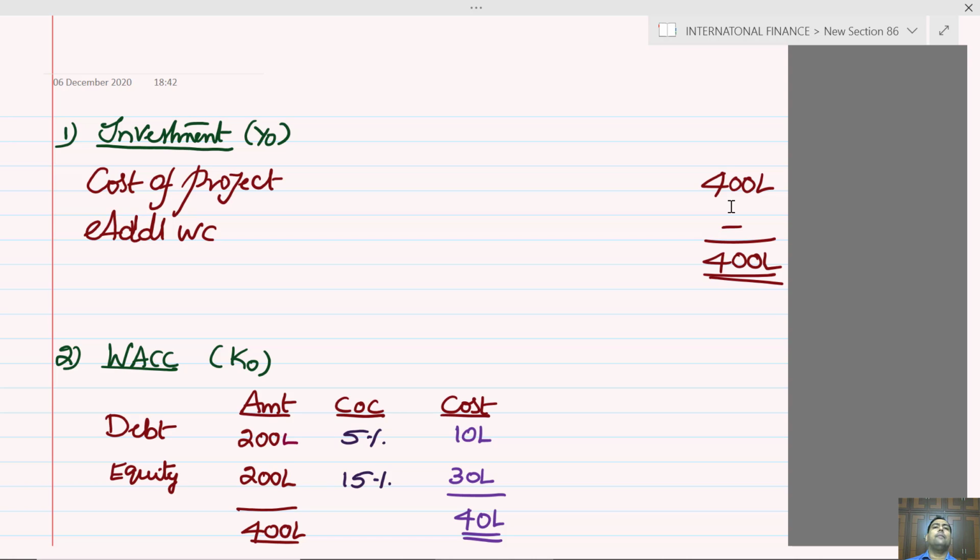Working capital means capital required to operate the business. Suppose you want to start a restaurant. Then you have to purchase a building or you have to take a building on rental basis. Then you have to do necessary modifications so that you have some investment.